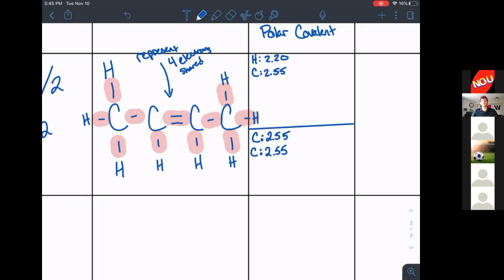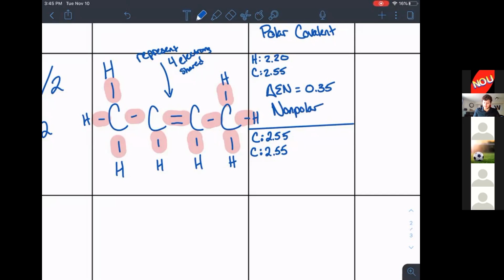All right. So now if we find the difference between our carbon and hydrogen, what do we get for this electronegativity difference? 0.35. Is that polar or non-polar covalent? Non-polar.